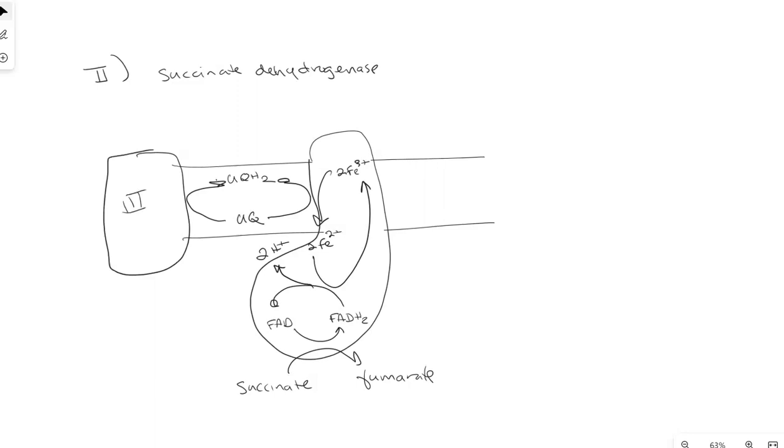And at this point, you're probably thinking, my goodness, Dr. McGill, what on earth is ubiquinone, and how does it pick up electrons? I'm so glad you asked. So, ubiquinone is a mobile electron carrier.